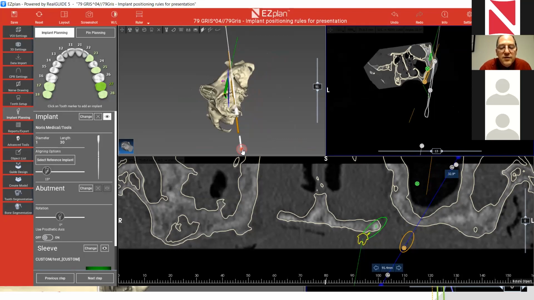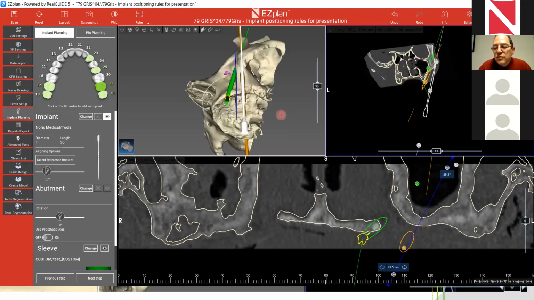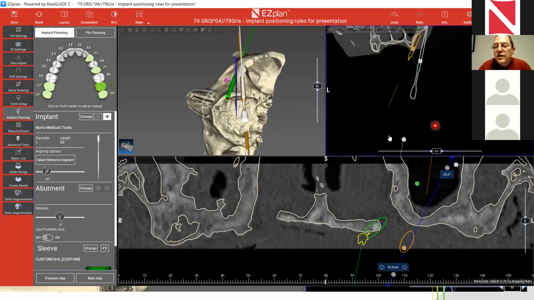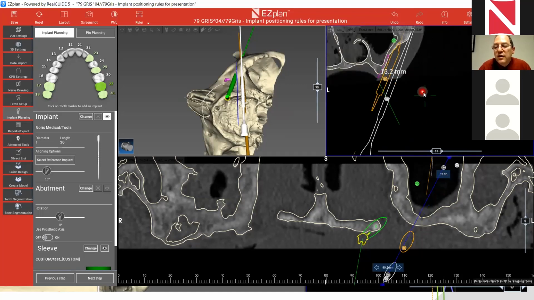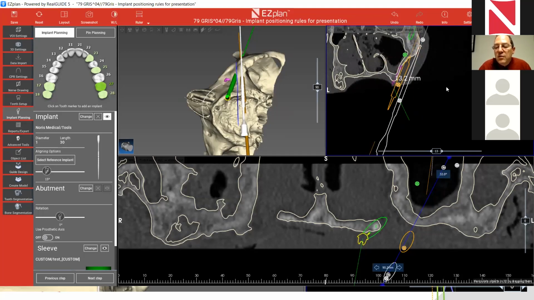Now it's better. I need to look with the tool exactly at the angle that I want to measure. So I will take the tool down, look on the right up, and measure the distance here. You see the distance? It's very short. That's not where I want to be. The implant is too far away. That means that in order to have it correctly, I need to take it down.